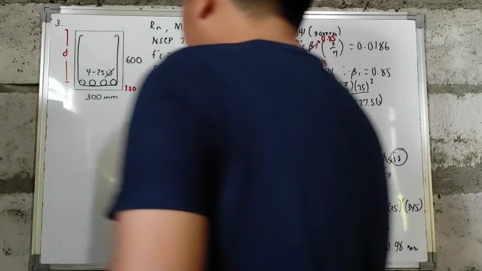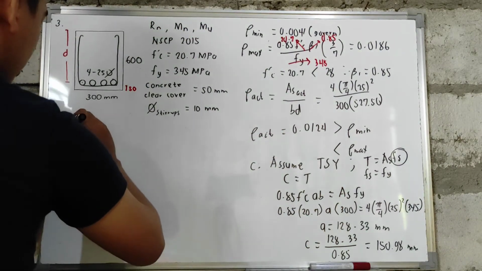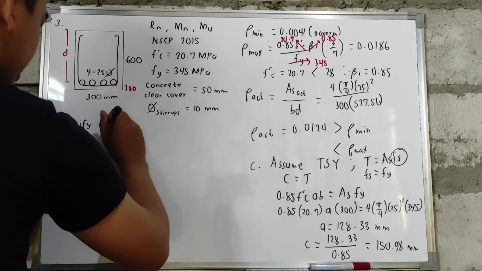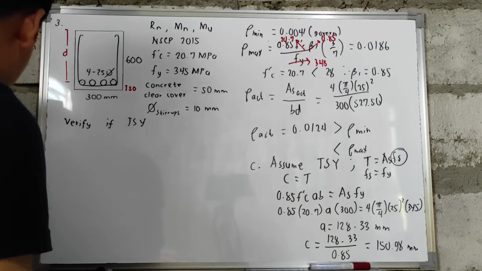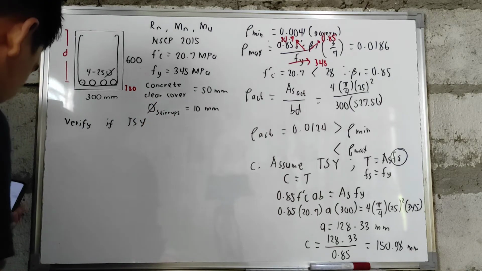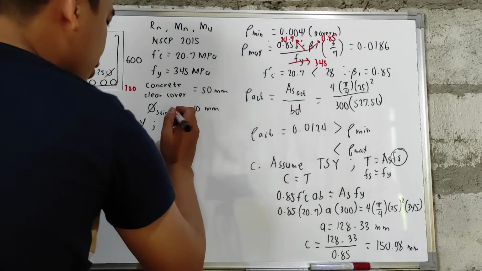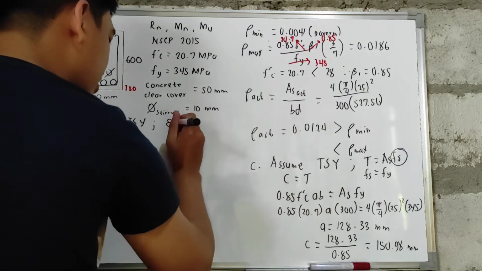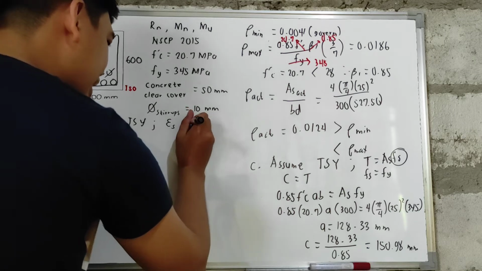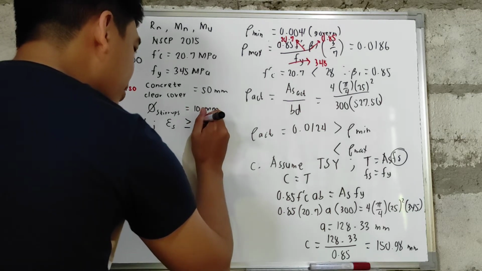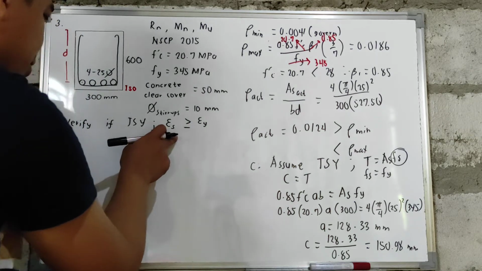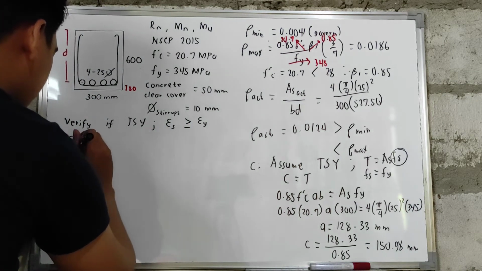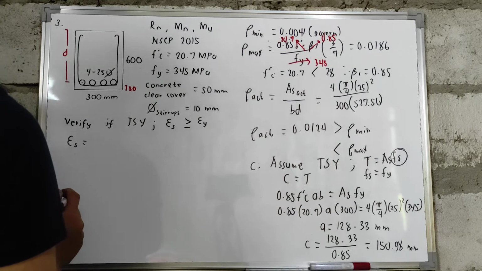So, i-verify ngayon natin. So, paano po natin yan i-check, sir? So, kapag yung nakuha natin na strain nung steel natin, that is greater than or equal to the value nung strain natin sa yielding. So, hanapin muna natin yung strain natin sa steel.